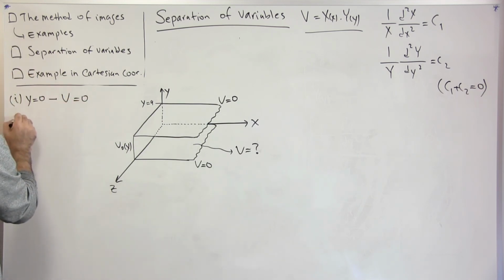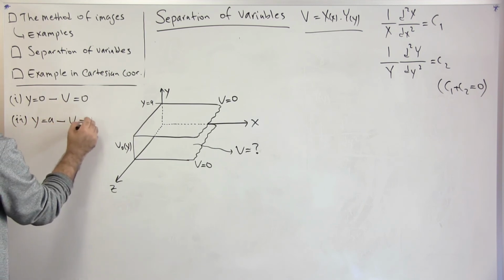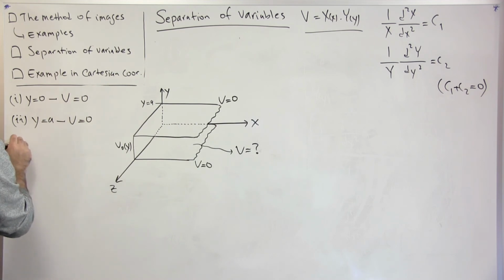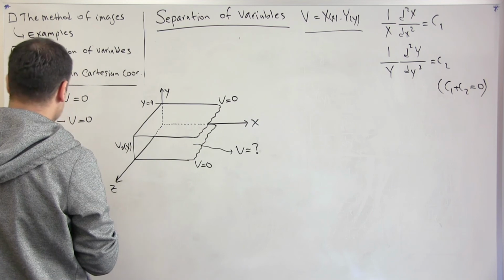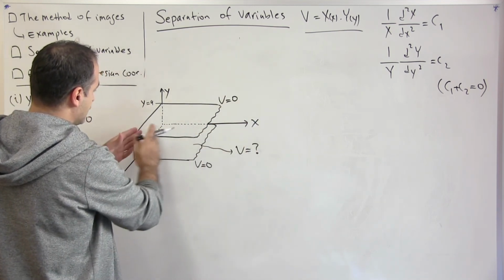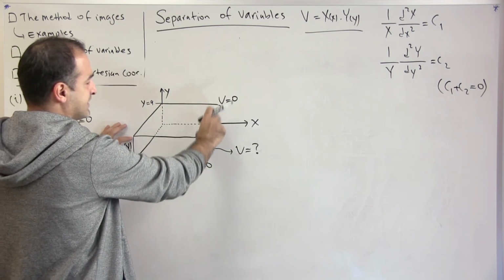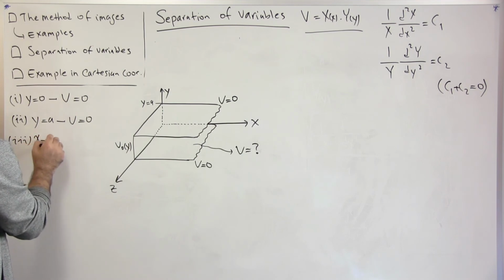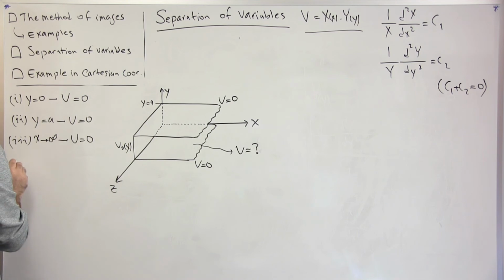At y equals a, again, the potential is 0. When x goes to infinity, we are so far away from this potential and so close to the surfaces that the potential is 0. So at x going to infinity, the potential is again 0.